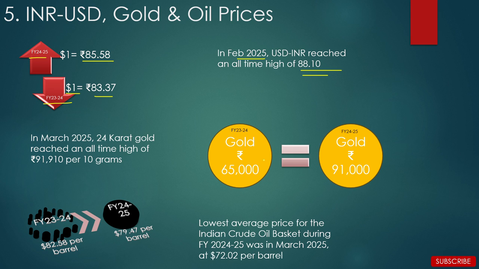Let's move on to gold. Gold was around 65,000 per 10 grams by the end of the financial year 23-24. And by the time the last financial year ended, gold was approximately 91,000 rupees per 10 grams for 24 karat gold. In March 2025, it went up to almost 92,000.